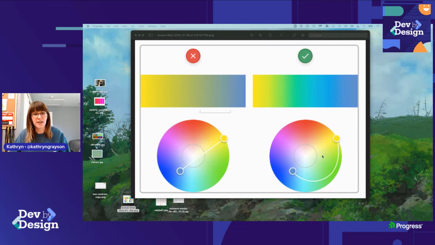So you could create just a gradient of blue, moving from a lighter blue to a darker blue, or just a gradient of yellow, moving from a lighter yellow to a darker yellow, if for whatever reason adding in this third color is not an option. But most of the time, I think this, where you arc around the color wheel, creates a much more natural look to your gradient and helps you avoid all this gray meh in the middle, which most of the time is not what you want.